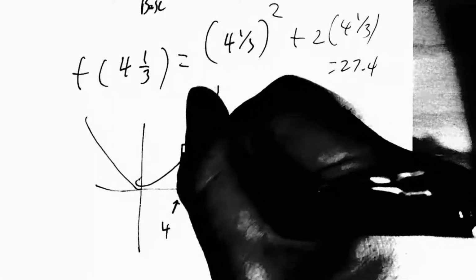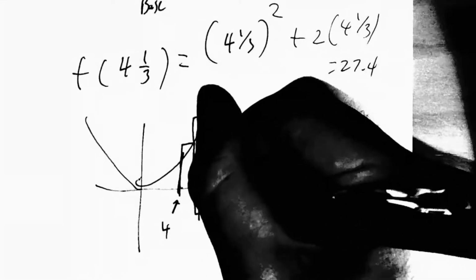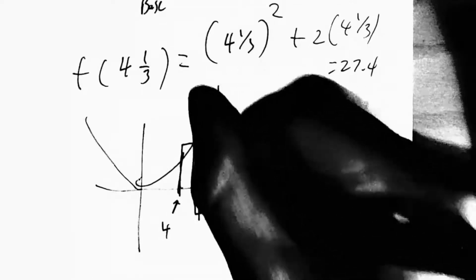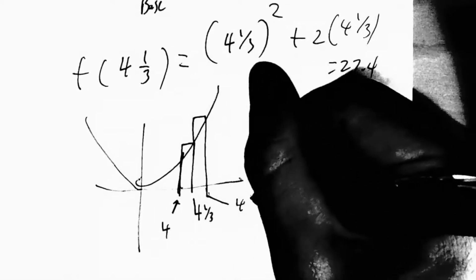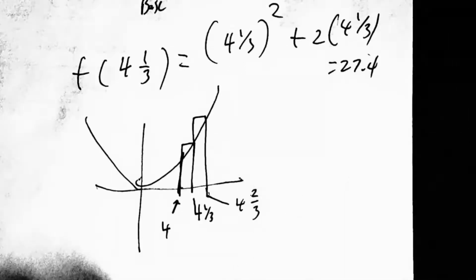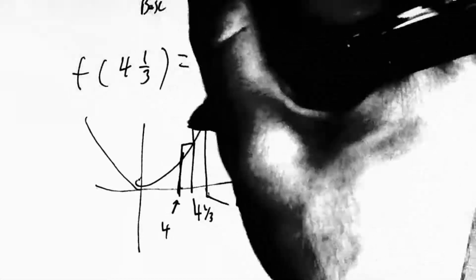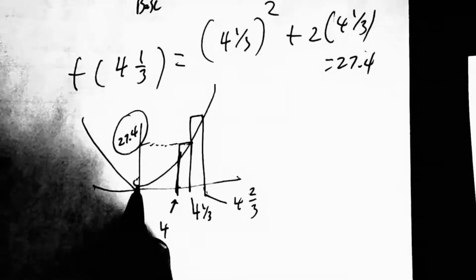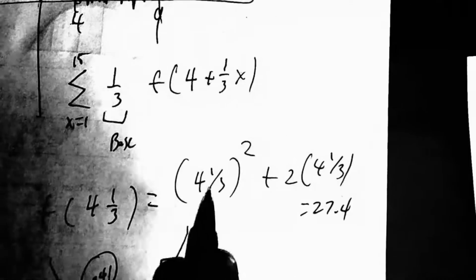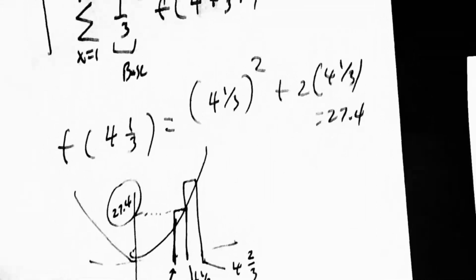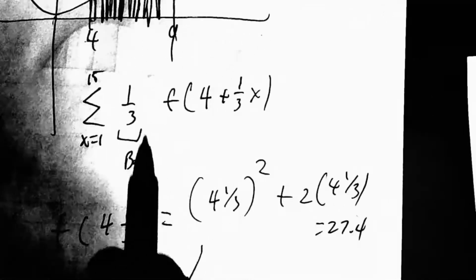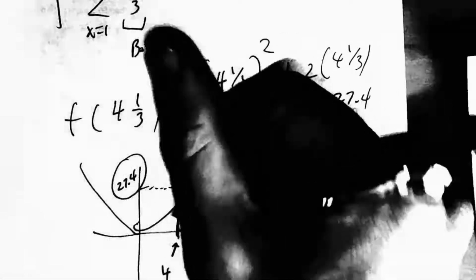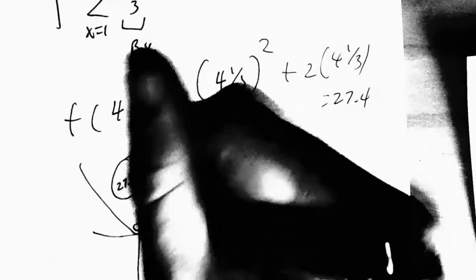This is 4 1/3 right here. And this is 4 2/3. Okay. So when I plug this in, what I found was the height of this is 27.4. So in my summation, for my first rectangle, when I plug in 4 1/3, I'm getting 1/3 times 27.4, and that's going to give me the area of this.